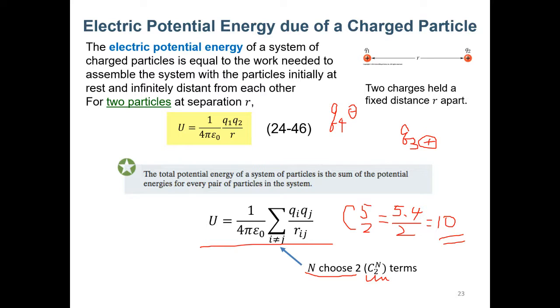If there are 4, Q1 and Q2, Q1 and Q3, Q1 and Q4, so 3, and Q2 and Q1 is repeated, so we don't count it. Q2 and Q3, Q2 and Q4, so 2, and then Q3 and Q4, so 1. So for 4 particles, 4 times 3 over 2, 6 combinations, okay?